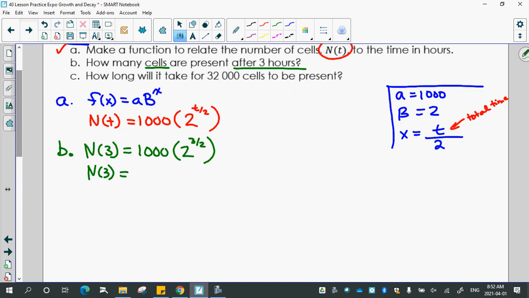And you can type that into your calculator right away if you want, or you can change the 3 over 2 to 1.5 and then put it in your calculator. It's up to you just how good you are using your calculator.